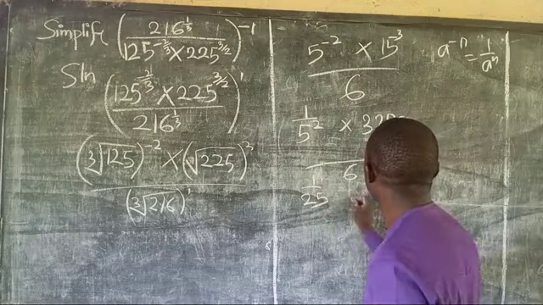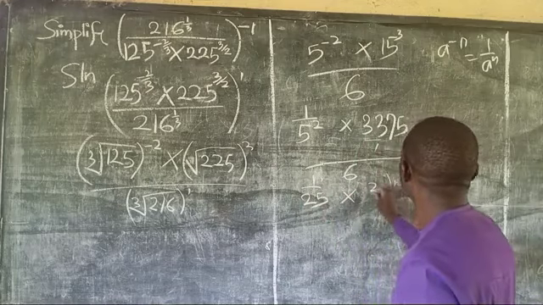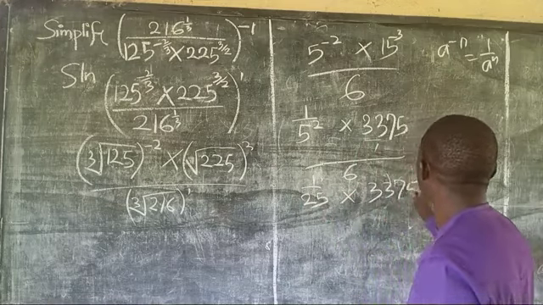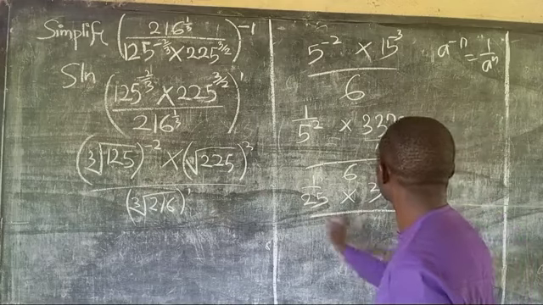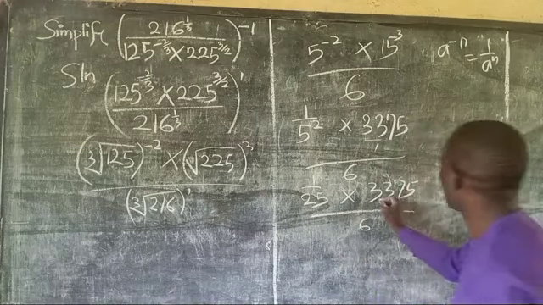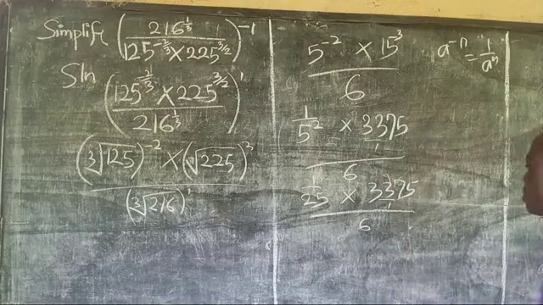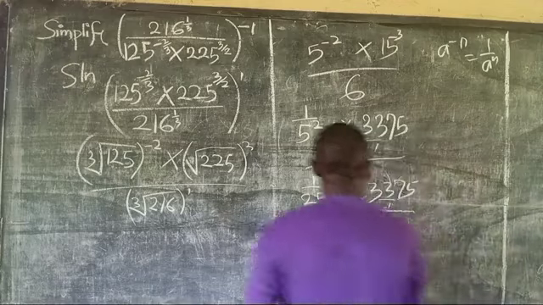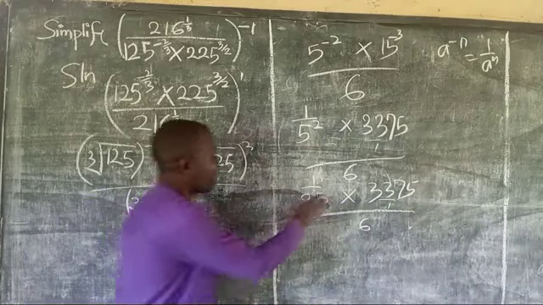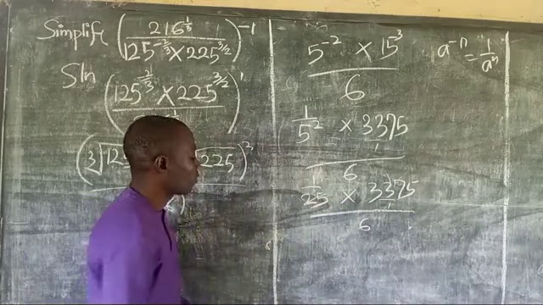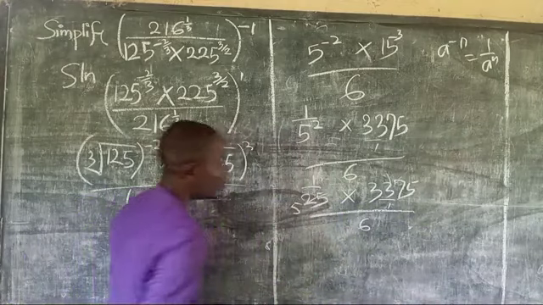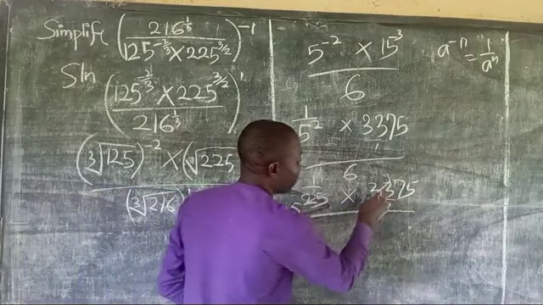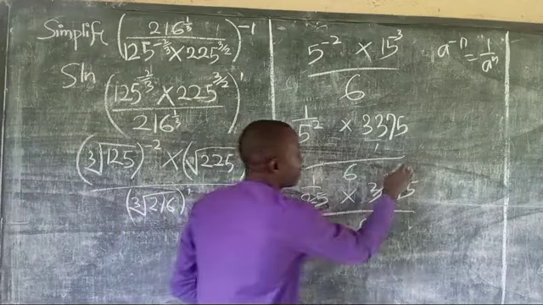So 1 over 25 times 3375 all over 6. Here can cancel out. What 5 can go? 5 into 25, we will have 5. 5 into 33, we have 6.